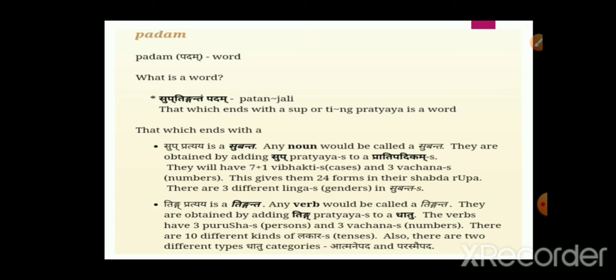Masculine, a male person, is called as a Pullinga in Sanskrit. And a feminine, that is female, is called as a Strilinga. And neuter gender is called as a Napumsakalinga.